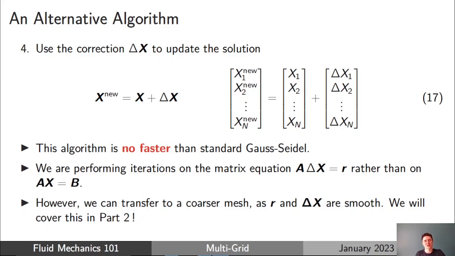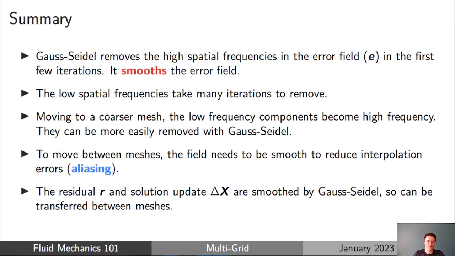And it's this process of moving the correction equation to the coarser mesh that actually gives us the acceleration in the multigrid method. And that process of moving between meshes, I'm going to do in detail in the second part of this lecture, and that's going to be coming after this video.